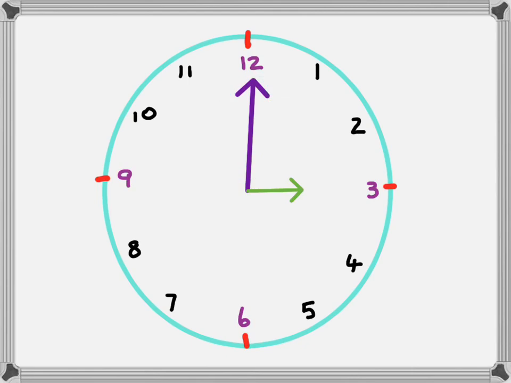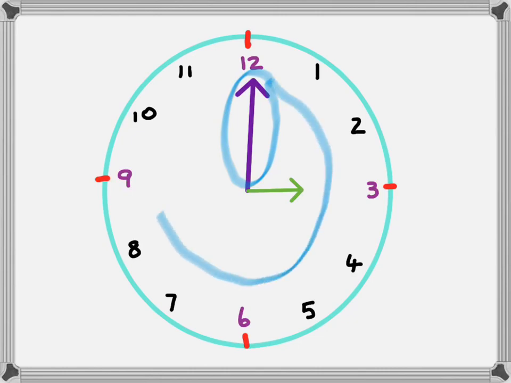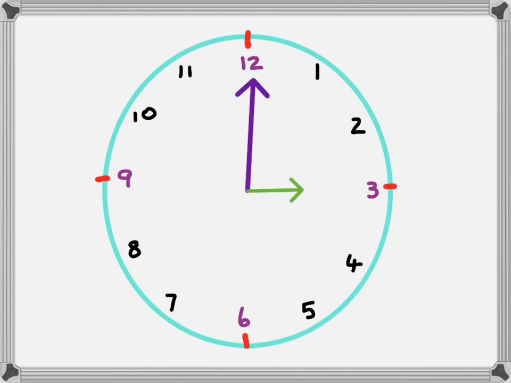They each move differently. The long hand is called the minute hand and it moves all the way around the clock, right around for every hour. Okay? The short hand is called the hour hand and it'll only move from there to there in an hour. And the next hour it'll move another one.